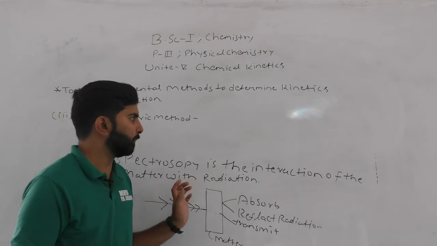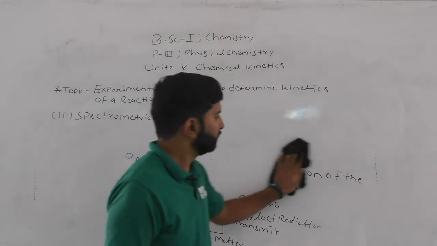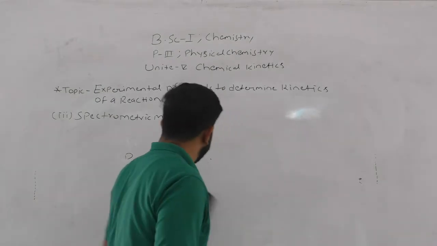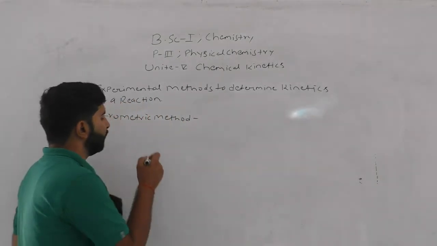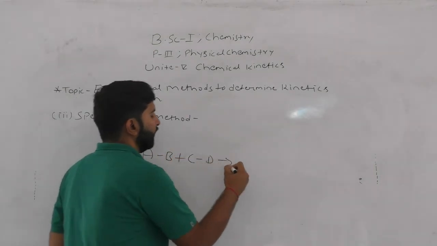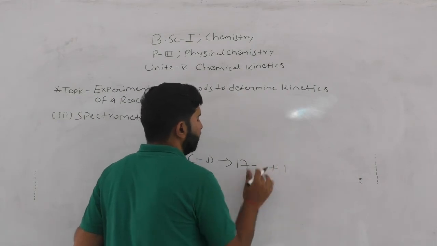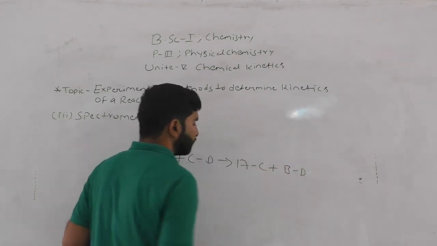This is called spectroscopy. Since in a chemical reaction, let us take an example in which formation of AB and AC and BD takes place.